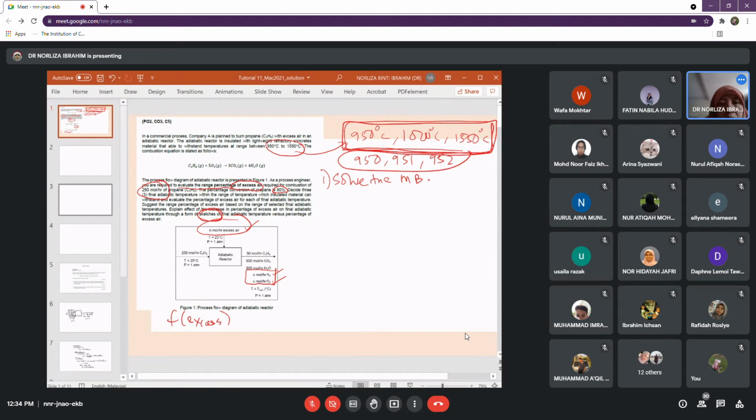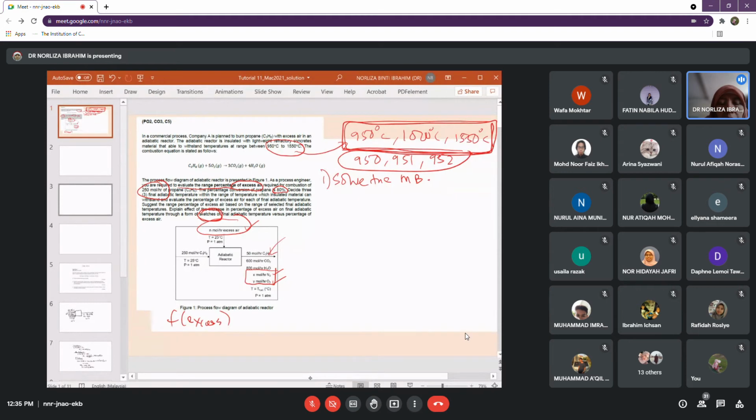Assume it to be F. Don't confuse it with conversion, which also in the book they use F. So solve the material balance, done. Actually the material balance is not really done, so I show you. Now the C3H8, the propane in the outlet is 50.